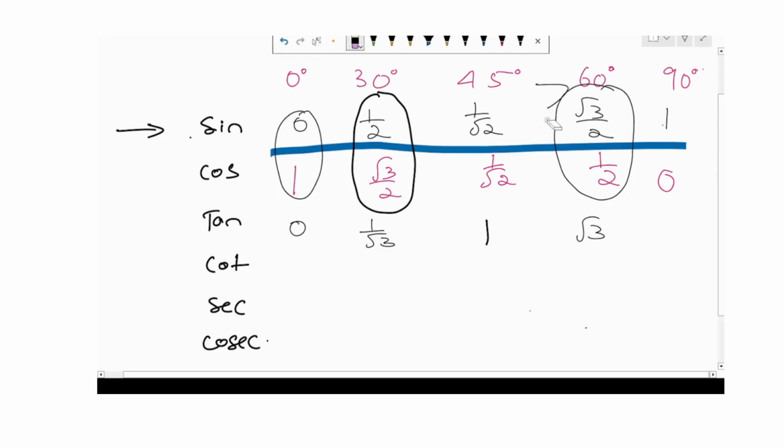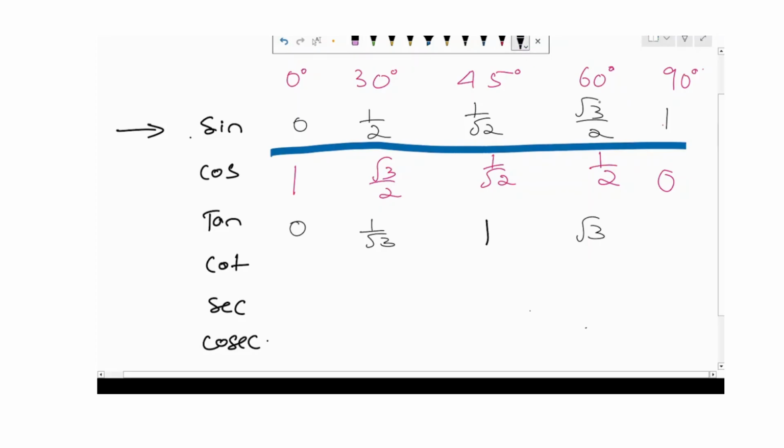Next we have tan 90. Divide 1 by 0. Anything divided by 0 we call undefined. You cannot define it. When you divide 0 by any value, it is 0. But when you divide any number by 0, that is undefined.